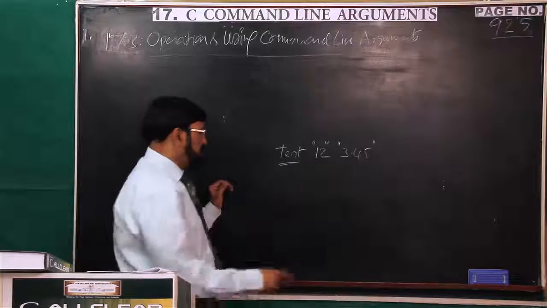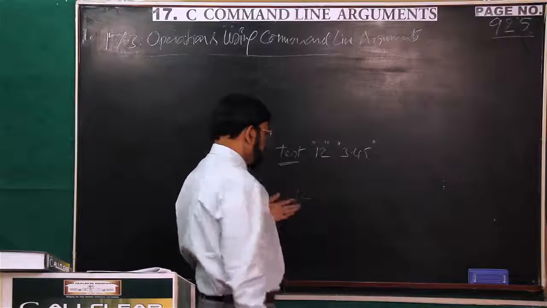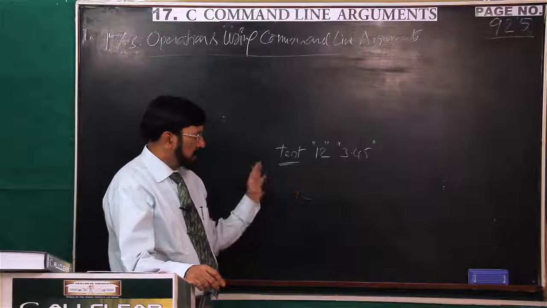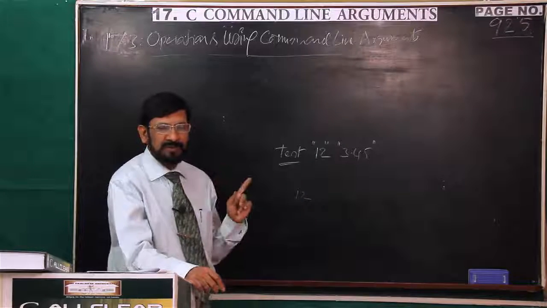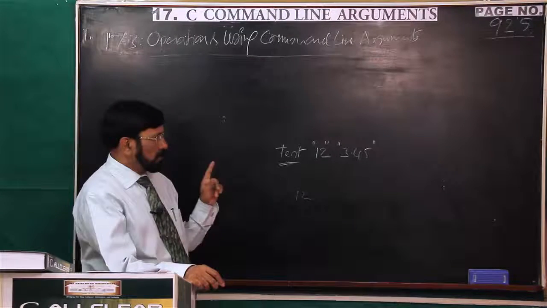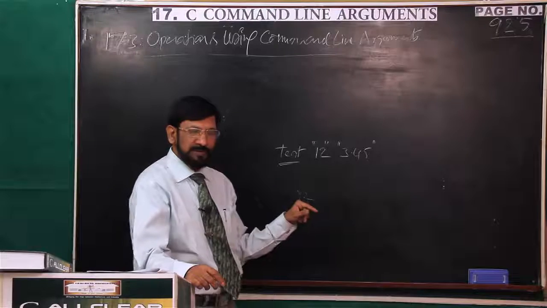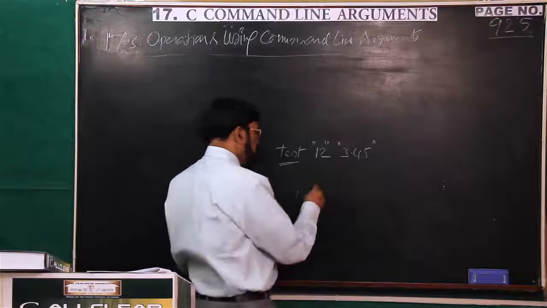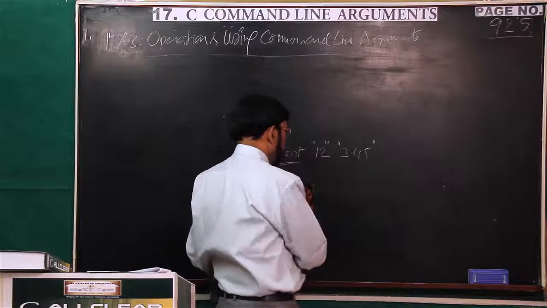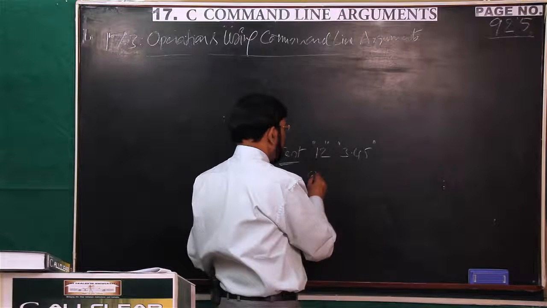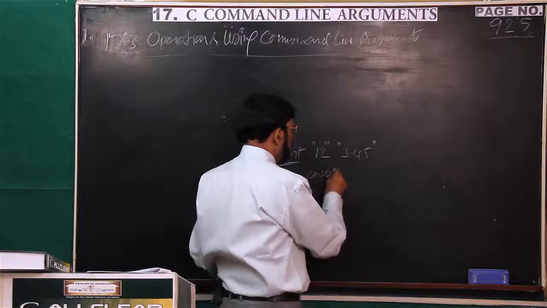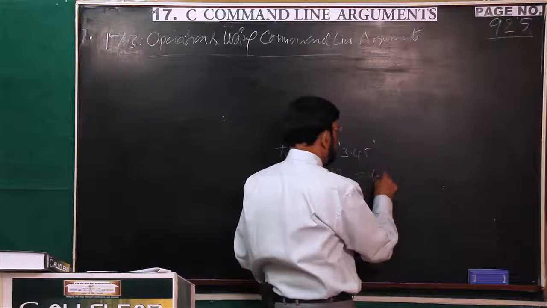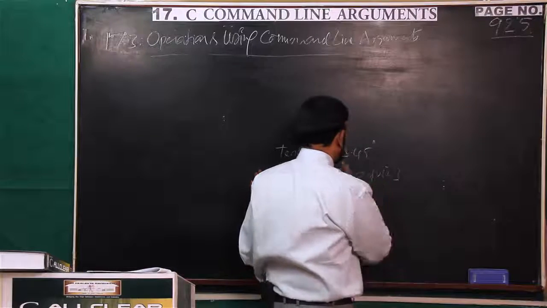Because once it is displayed, 12 is there, whether it is in string form or integer form, simply seeing it you cannot understand. So, if you have to perform any operation, you cannot do that. Suppose you have to make an operation on argv1 and argv2.